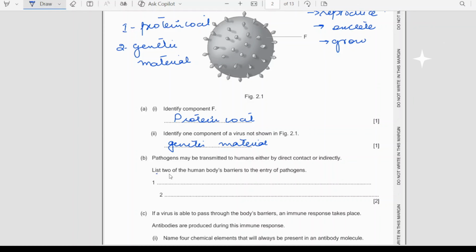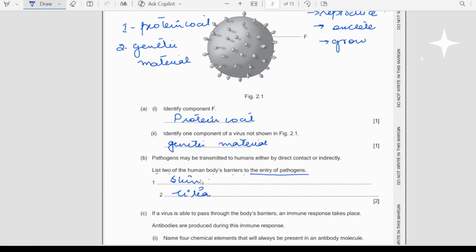List two of the human body barriers to the entry of pathogens. Be specific. Ciliated cells are present in bronchi. Let's say cilia and skin. These are the physical ones.